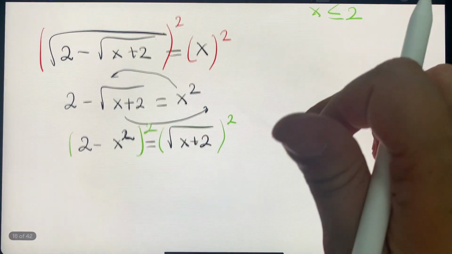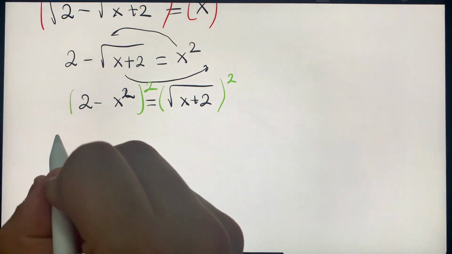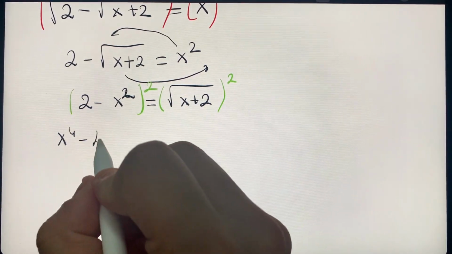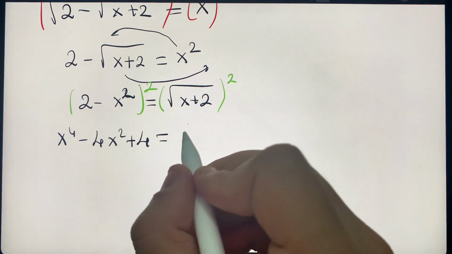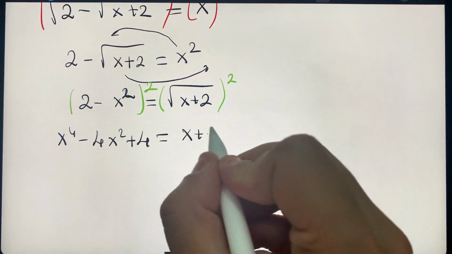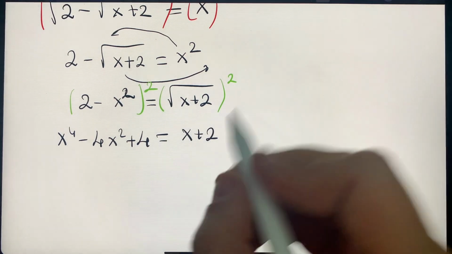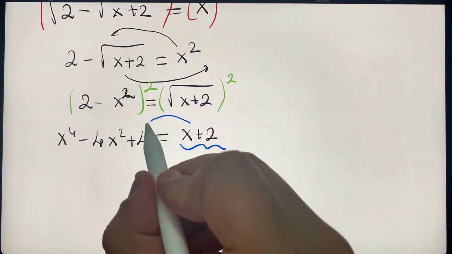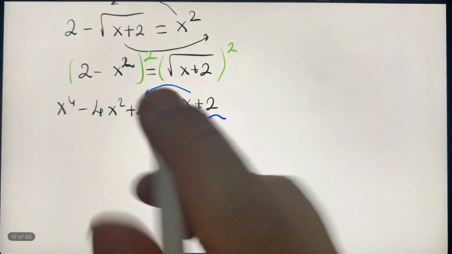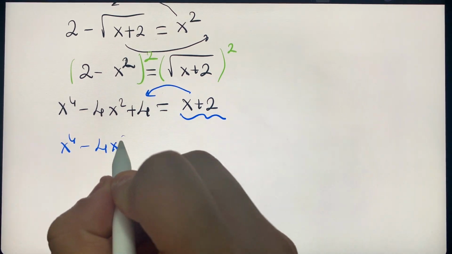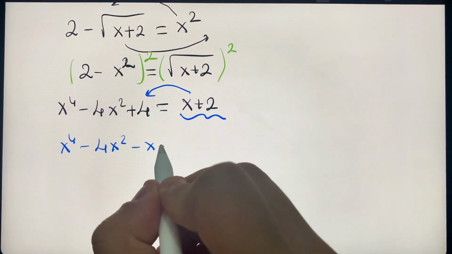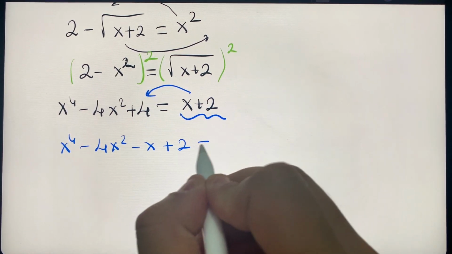Then what will happen if we do that? X to the 4, minus 4x squared, plus 4 is equal to x plus 2. Now we see here, let's throw this statement to the left in its entirety. What comes from here? X to the 4, minus 4x squared, minus x, plus 2 is equal to 0.